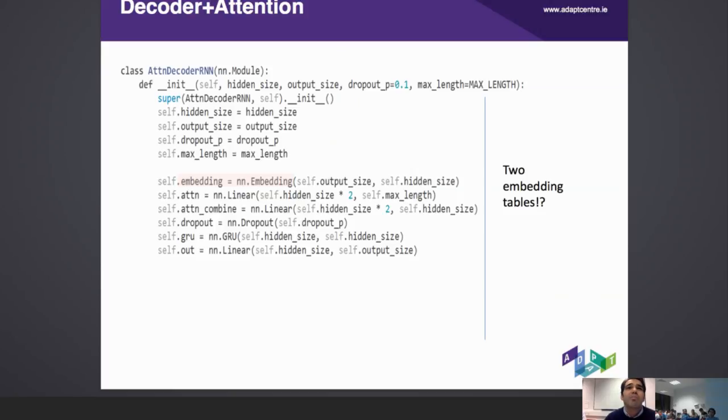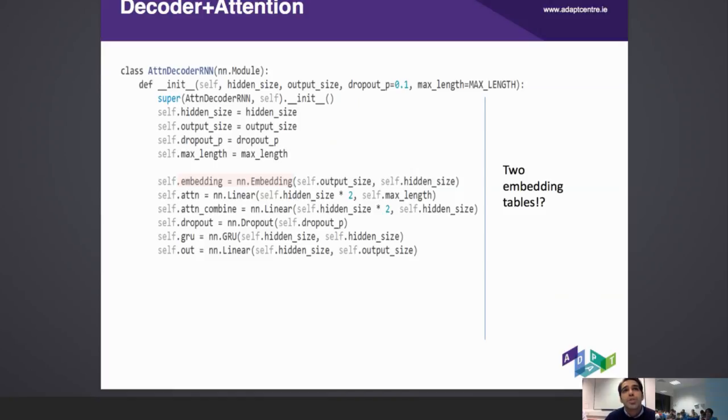Then we have another embedding table. But if you remember, we defined an embedding table in our encoder RNN. Now we have another embedding table. So what's the difference between these things? The first embedding table is responsible for storing and updating source side words, but this one belongs to the target side.